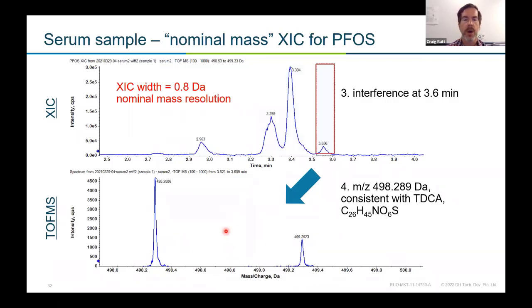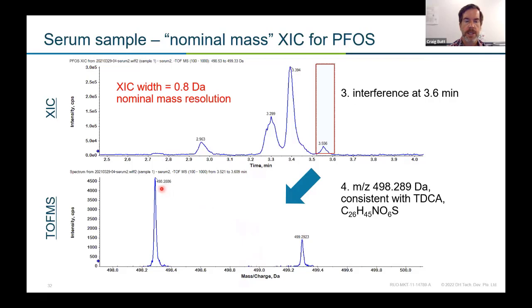Okay, so how do we know that some of these other peaks here are not just other PFOS isomers, but in fact are some biological interferences? So remember, these two are the PFOS, the branched and linear, whereas if we look at the mass spectrum under this peak here at 3.5 minutes, we can see that our PFOS mass peak is not there, right?